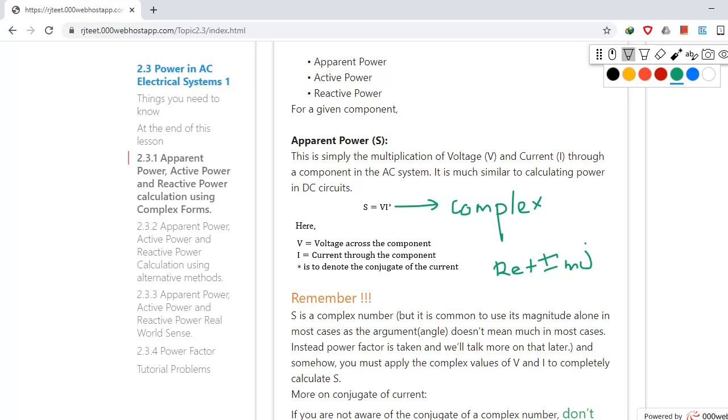So there would be j. It would generally accompany a real part and an imaginary part. It doesn't mean that it can't be real only. There would be situations, but still, in general, the apparent power would be a complex value, right? So keep it in mind.